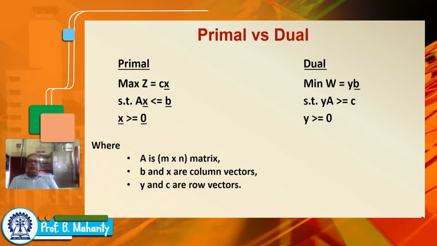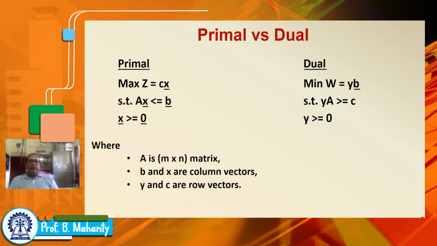Why is it yb, where y is a row vector? Suppose there are 4 constraints; there will be 4 dual variables. I have already told you that there are 3 decision variables X, so there are 4 dual variables Y because there are 4 constraints. So obviously there will be 4 B values, the resource quantities.